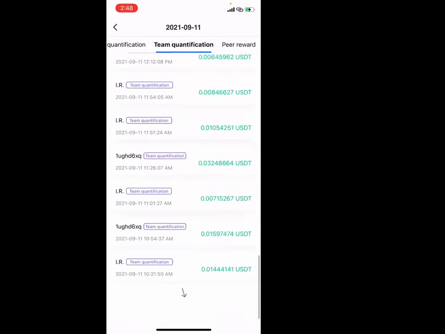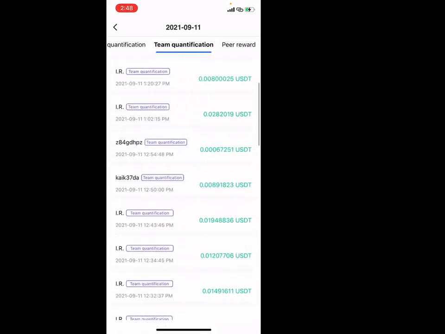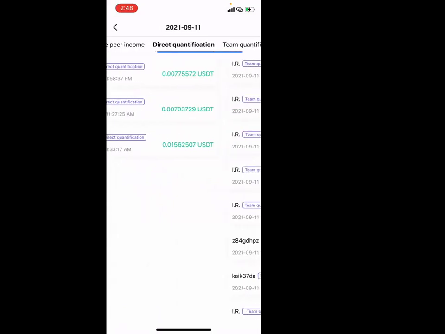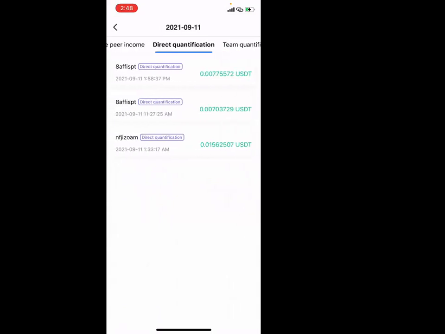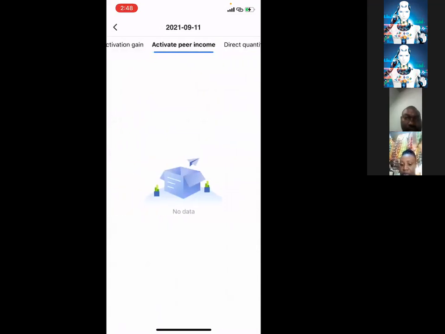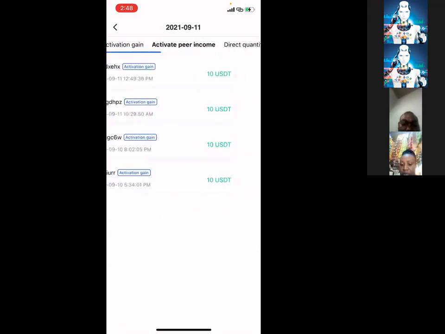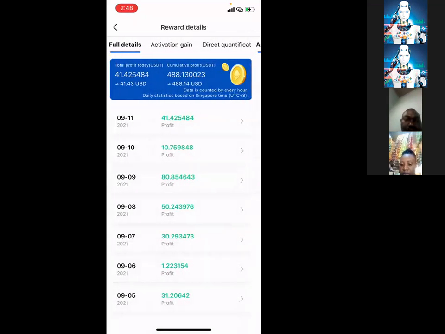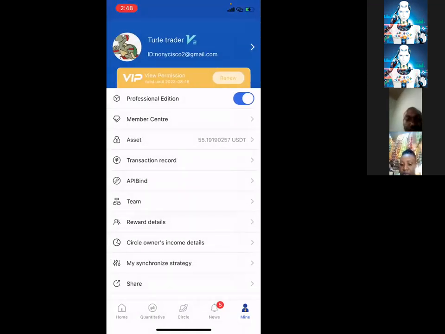The robot is trading for them and making money. Direct quantifications are the people that I connected directly. The robot is trading for them and making money. So you can make a lot of money from this stuff. That's it for reward details.